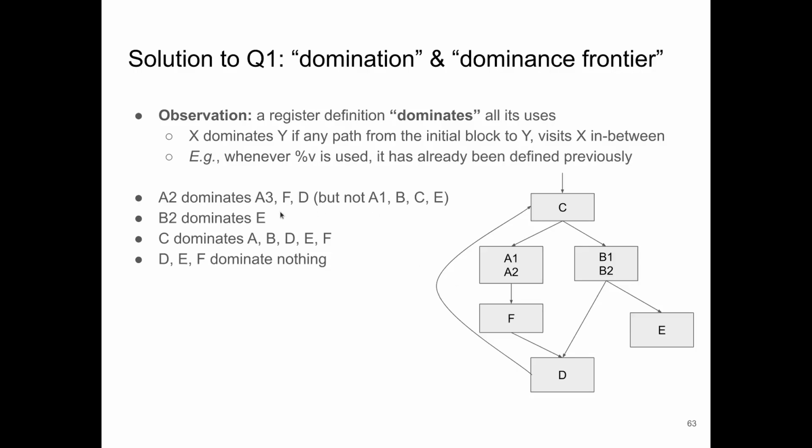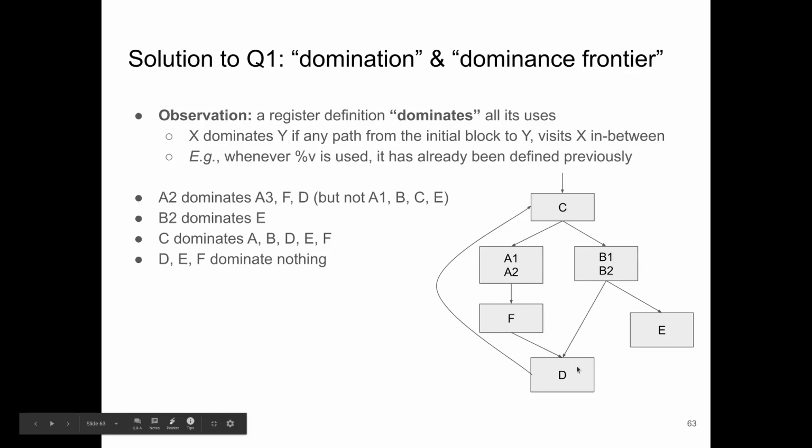Domination means that X dominates Y if any path from the initial block to Y has X in between. C is the initial block here. So you can see that C dominates D because any path from C to D has C in between.